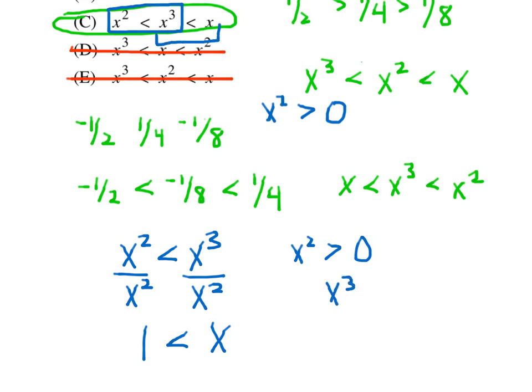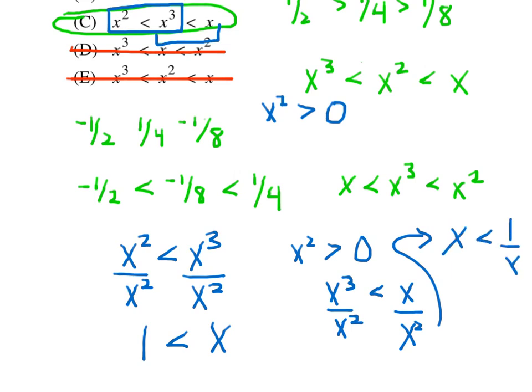So if we have x cubed less than x, we can do the same thing, divide both sides by x squared, and that gives us x is less than 1 over x, which is a contradiction of the fact that we've already deduced that x is bigger than 1.